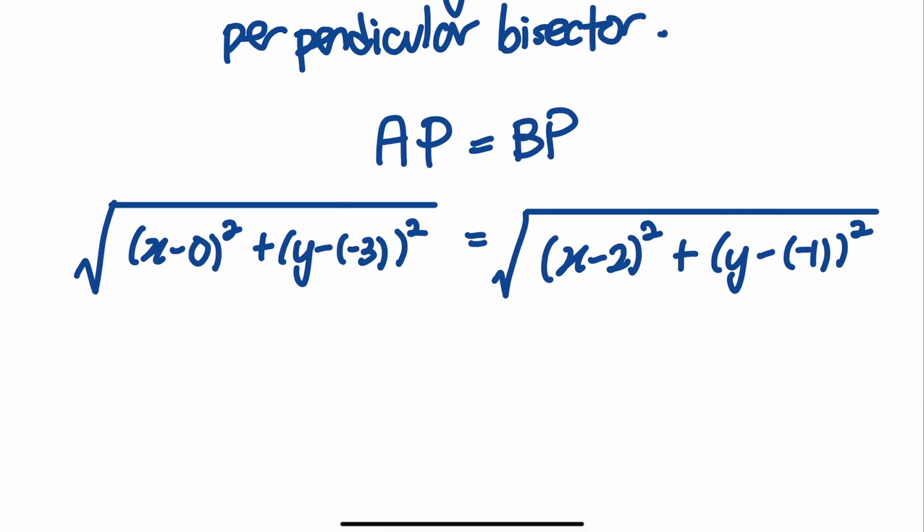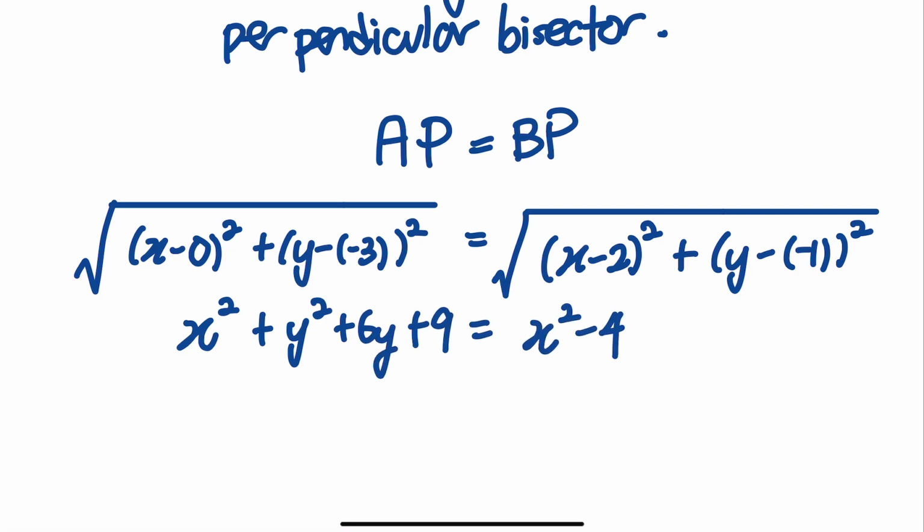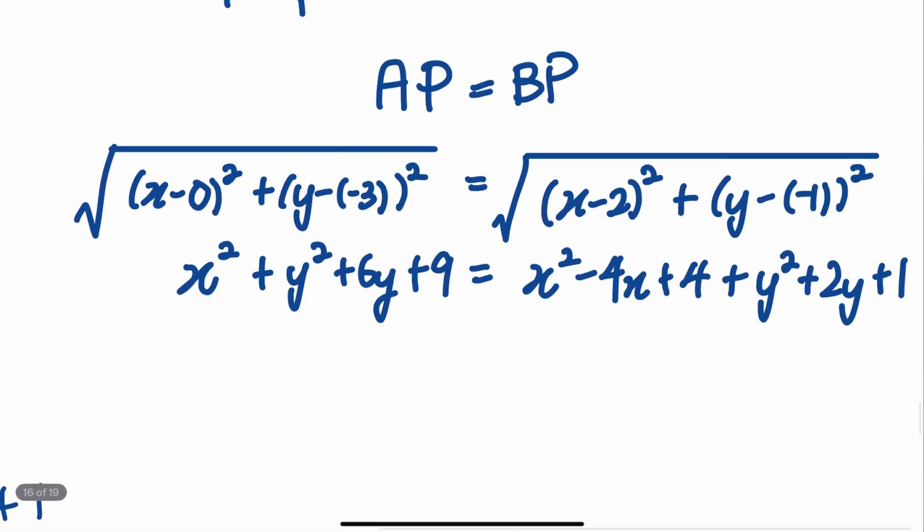From here, I square both sides to get rid of the square root, and I will get x squared plus y squared plus 6y plus 9 equals x squared minus 4x plus 4 plus y squared plus 2y plus 1. I note that my x squared and y squared can cancel out.